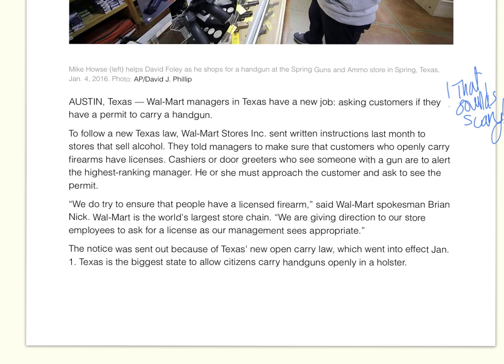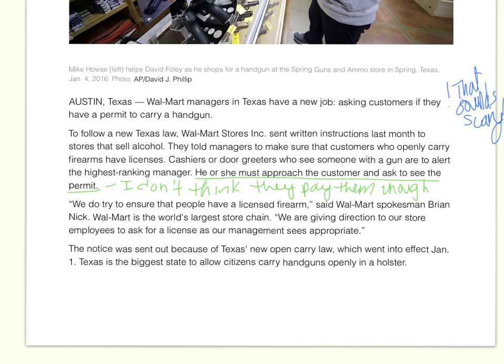Ugh. Yeah, I don't know if I agree with that. This sentence right here, I don't agree with that. I really don't think they pay them enough to approach some guy with a gun and ask to see his permit. That sounds a little scary.